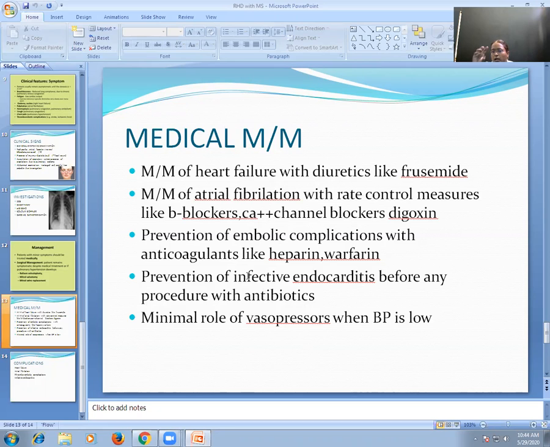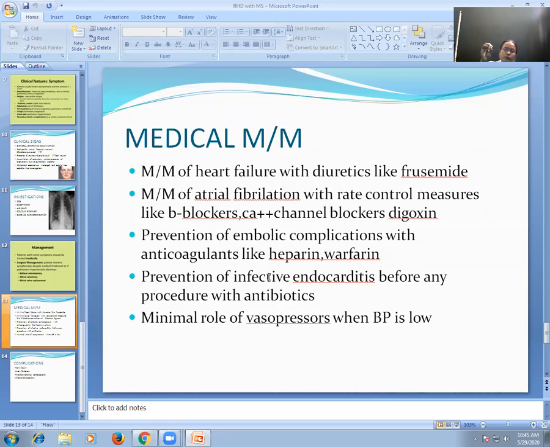Already your heart is damaged, so it is more prone to bacterial infection.